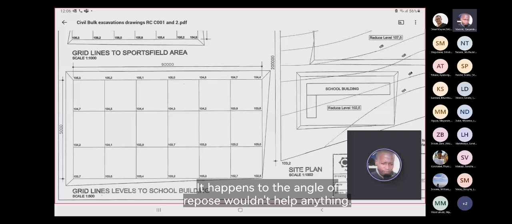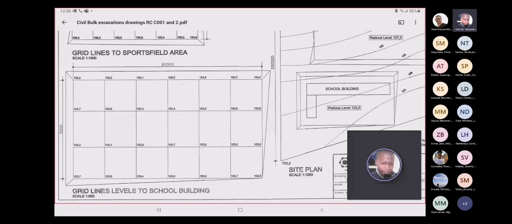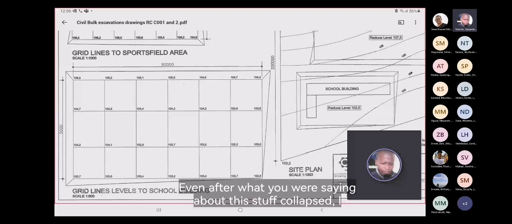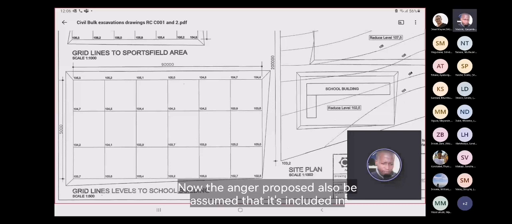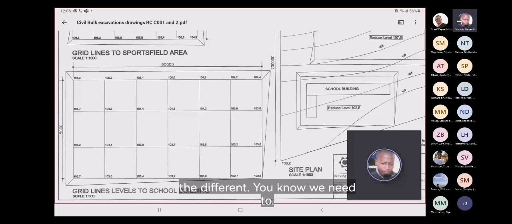Would the angle of repose also be assumed to be included in the description, or do we need to measure it?